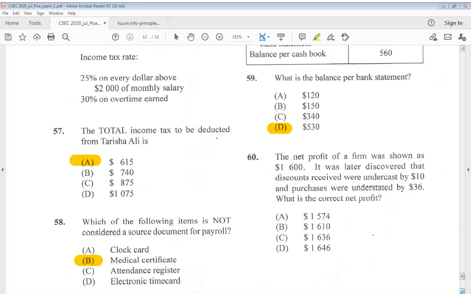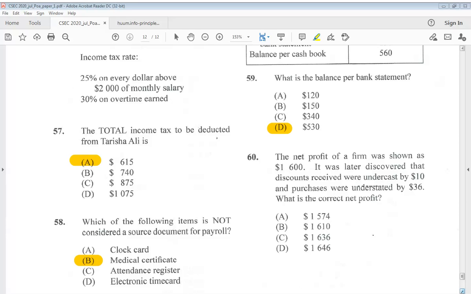Well, we know that our statement of corrected net profit, first of all, we know that our net profit before adjustment, as it says, is $1,600. So we are going to add our discount received that was undercast by $10.